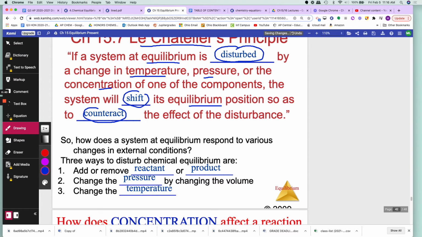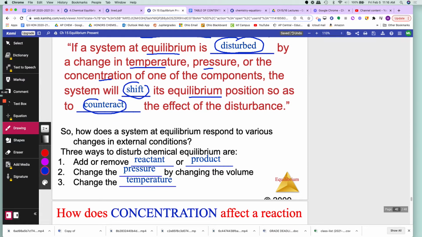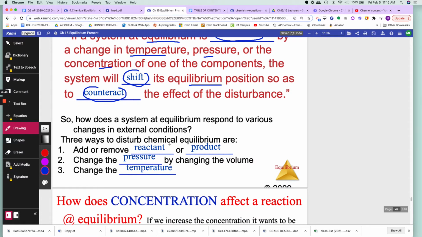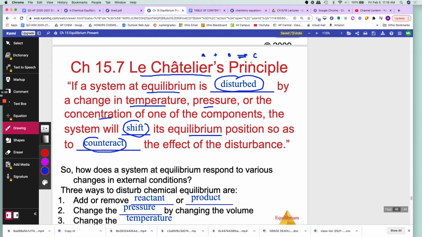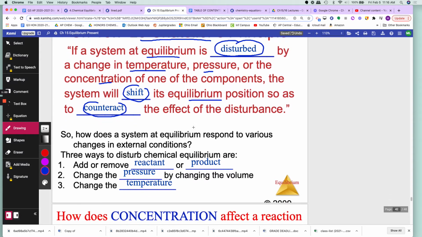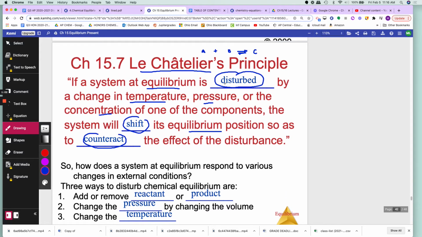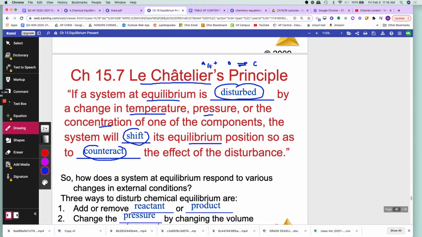So how does a system at equilibrium respond to various changes in external conditions? First, there are three ways to disturb them that we're going to be discussing. The first one is you either add or remove reactant or product, so you take away A or B or C, or you put more in. If they're gas molecules, you can change the pressure by decreasing the container.